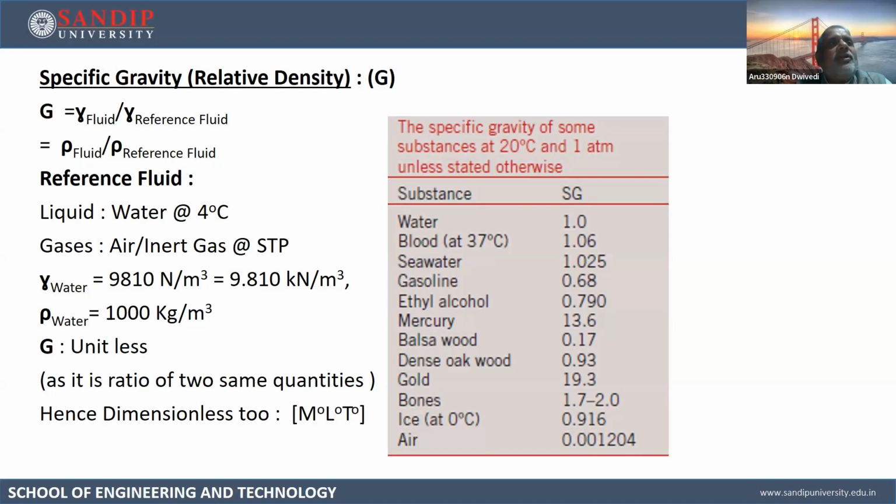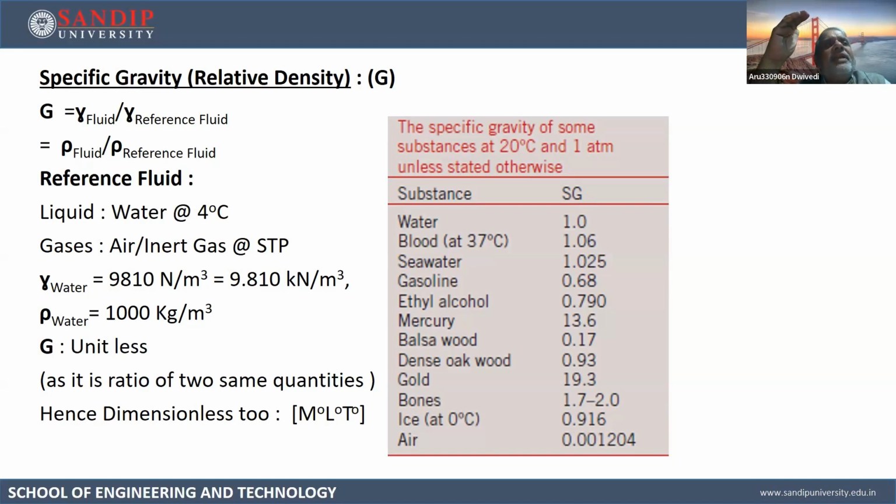For the case of a liquid, this reference fluid is pure water, and its value of gamma is 9810 Newton per meter cube, or 9.810 kilonewton per meter cube. And for water, rho of water, that means mass density of water, is 1000 kg per meter cube.